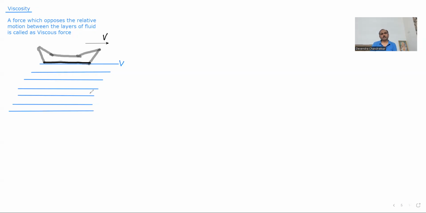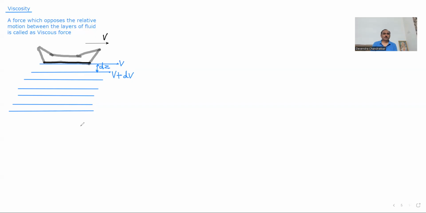So this is how the velocity is gradually decreasing. Let's say the distance between two layers is dz, right? And here the change in velocity is dv. So I'm writing the velocity of the next immediate layer below the top surface is v plus dv. Here dv will be negative, then only it will decrease.